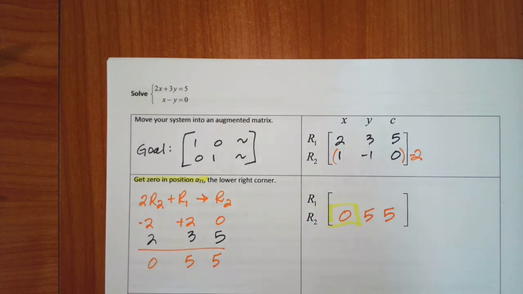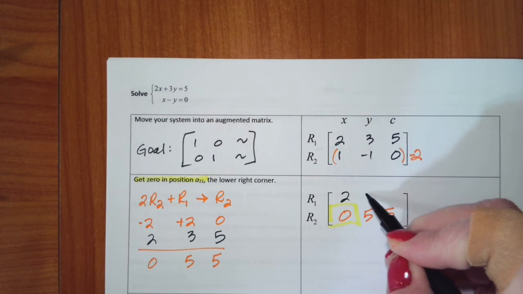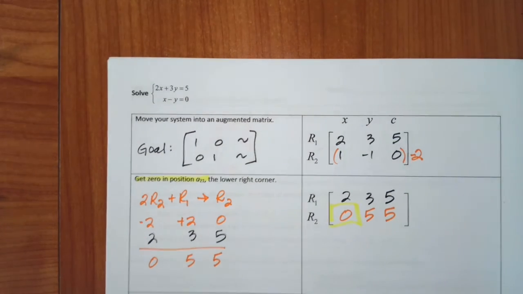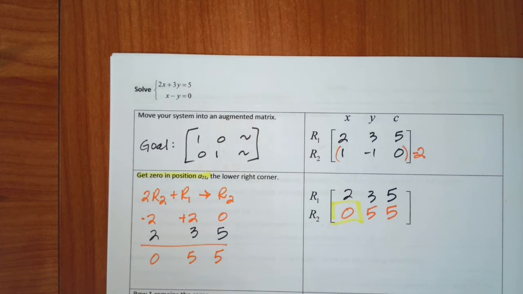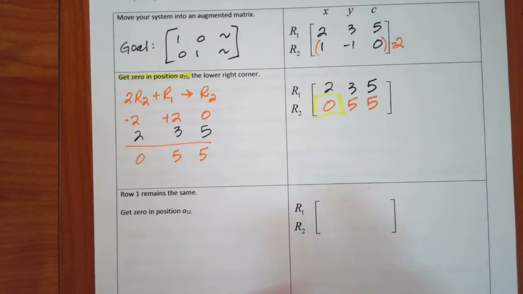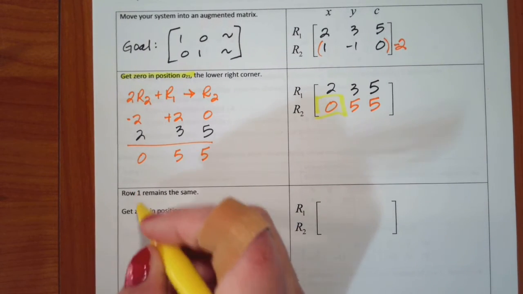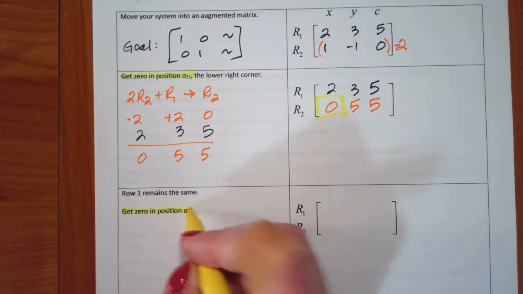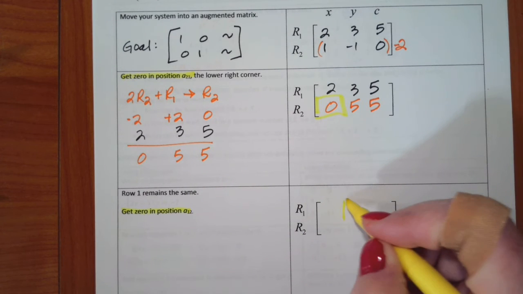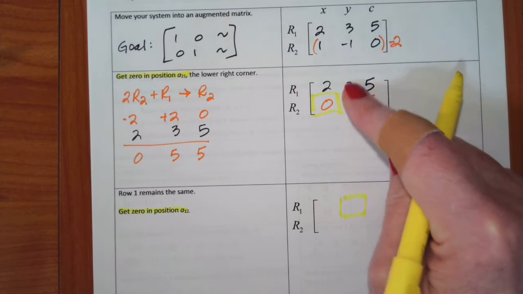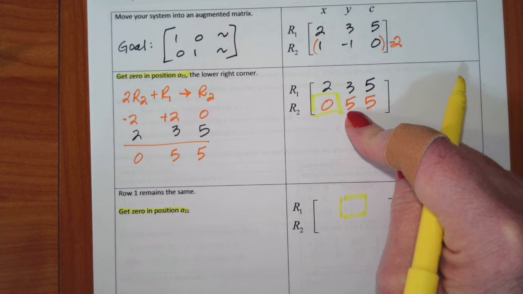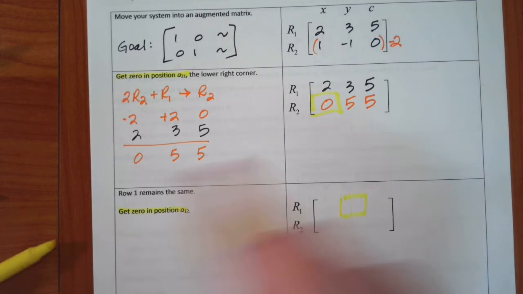And I'm going to leave my top row alone for right now. So now I've got to work on getting a 0 in A2. I'm going to have to do something with these so that if I multiply them and add them together, they will result in 0.